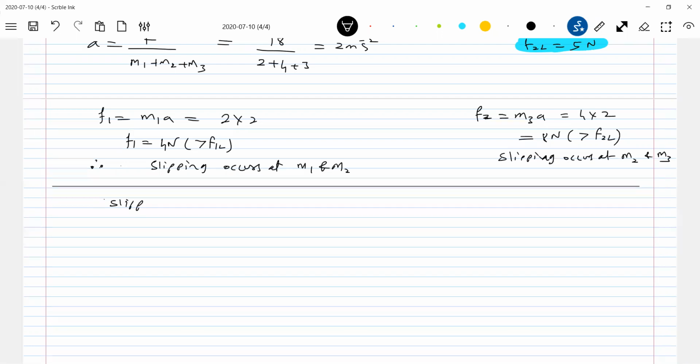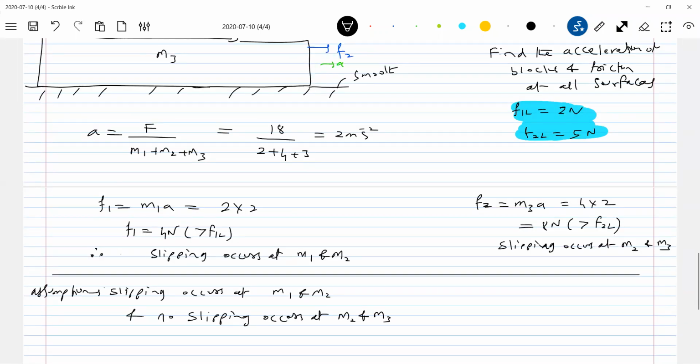Slipping occurs at M1, M2 and no slipping occurs at M2 and M3. This is the assumption, no? And what was the assumption we started with?